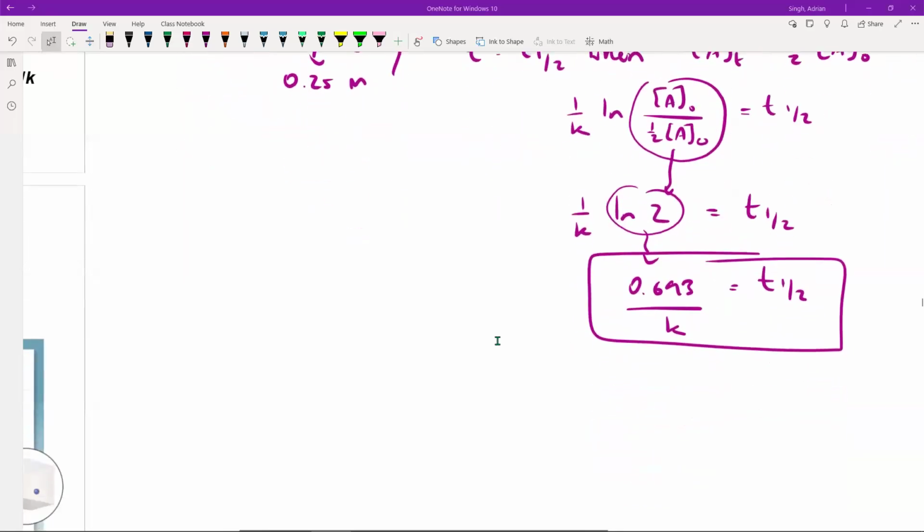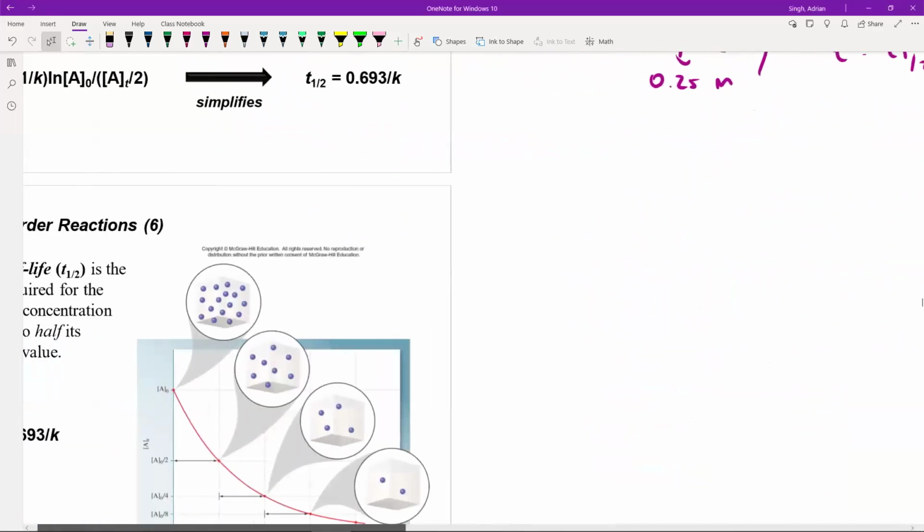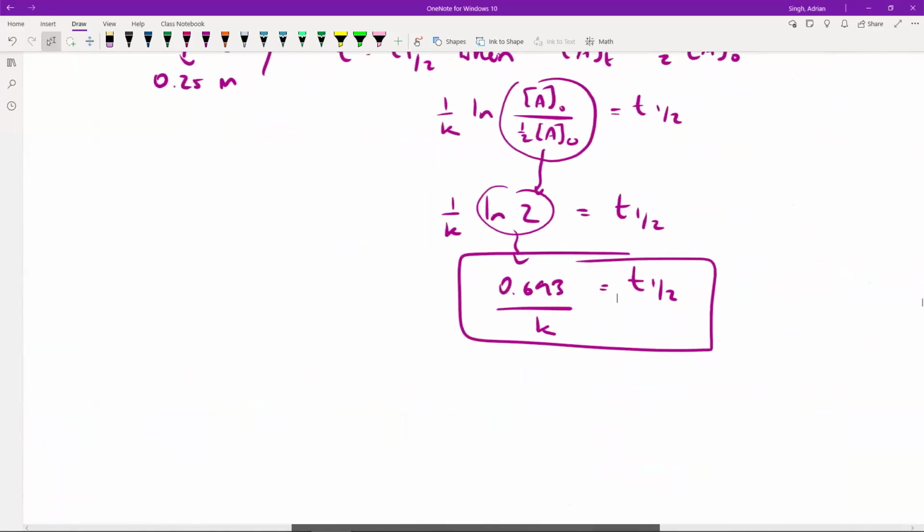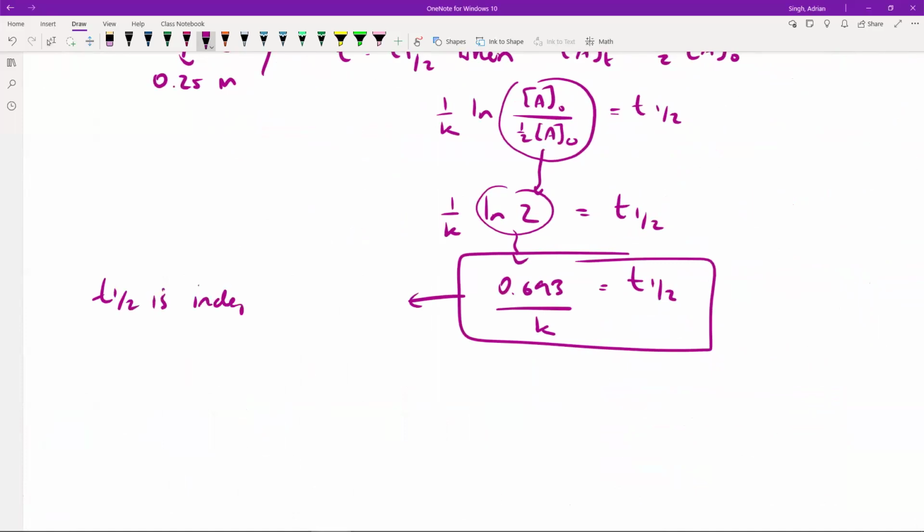One important implication of this equation for the half-life is that the half-life, T1/2, is independent of the initial concentration of the reactant.